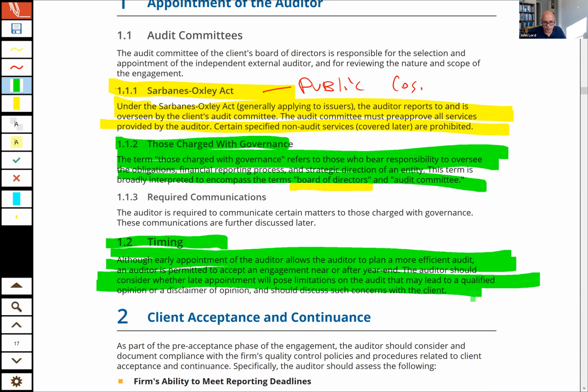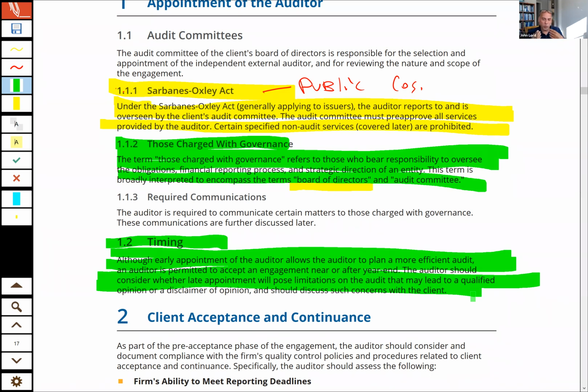The good example we had was, remember we said, what if you're hired after the start of the year? How does that impact your ability to observe them having taken the beginning inventory? Remember we said it may result in a qualified opinion or disclaimer of opinion, or you may ask the client to retake the inventory in the new year and then work back through the records to figure out what the beginning inventory was.